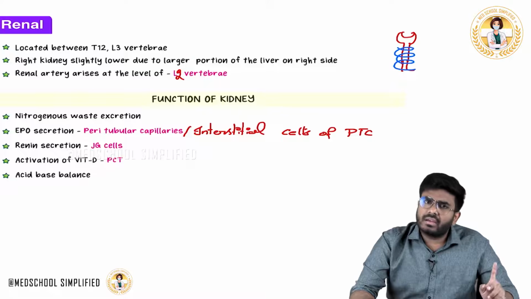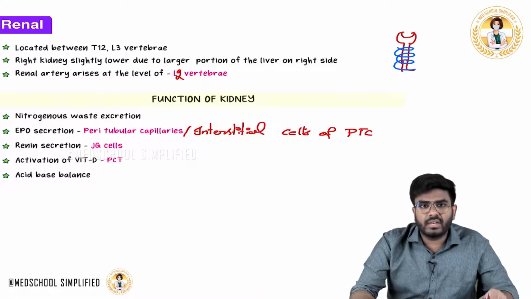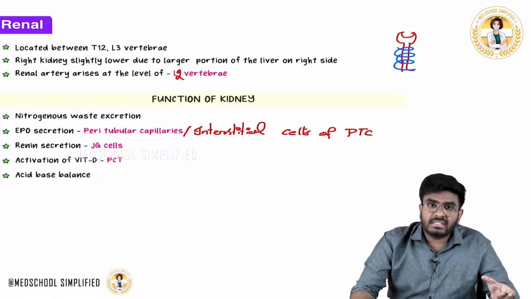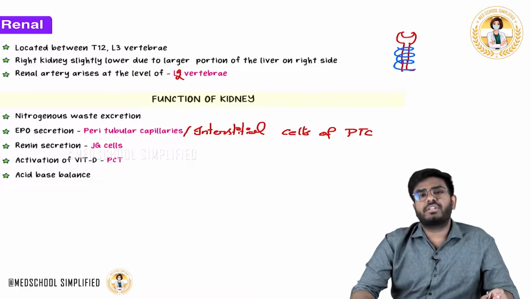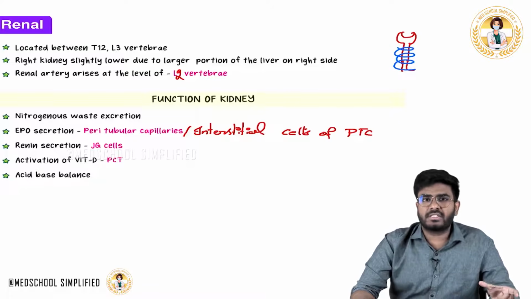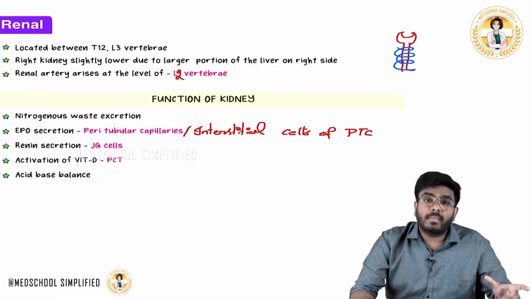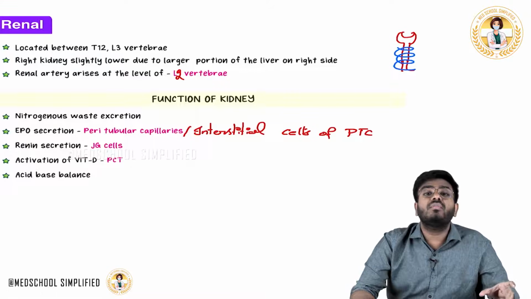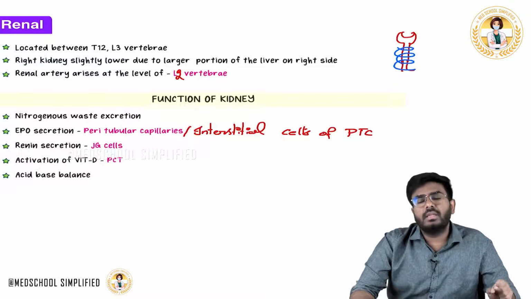After that, the second line of regulation is the lungs. By making certain changes in respiration, lungs will control the pH. Lungs are the second line. For example, if there is any alteration in respiration pattern, that can influence your pH. That we will discuss.